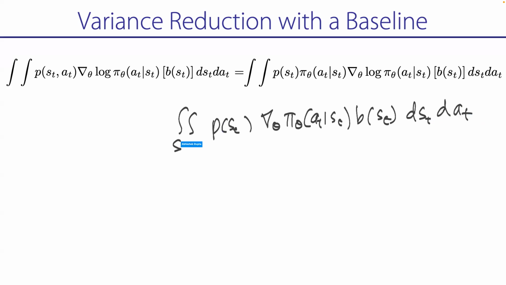Remember, one integral is with respect to S, one with respect to A. So how am I going to get a zero in here? We have to do just one more trick.